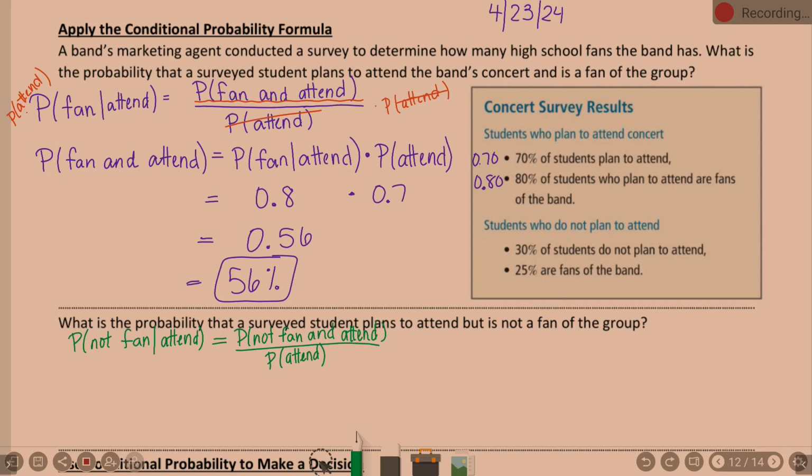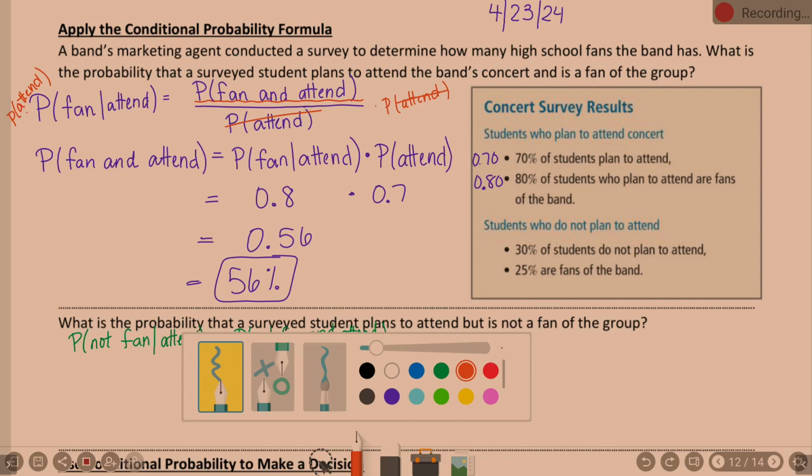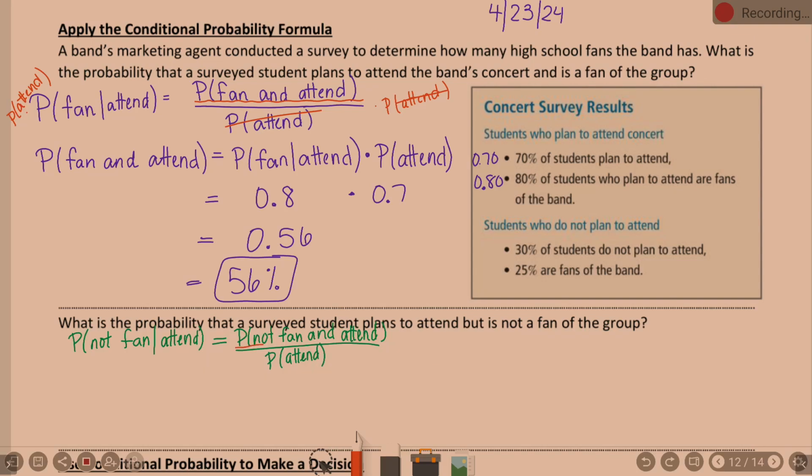Now, do you see how we can manipulate that around again? It's the same thing we just did. We're being asked to find the probability they are not a fan and attended. That's the piece we're being asked to find right there. So if it's dividing by the probability of attended, what do you do to get the probability of attending to the other side? You multiply it over.